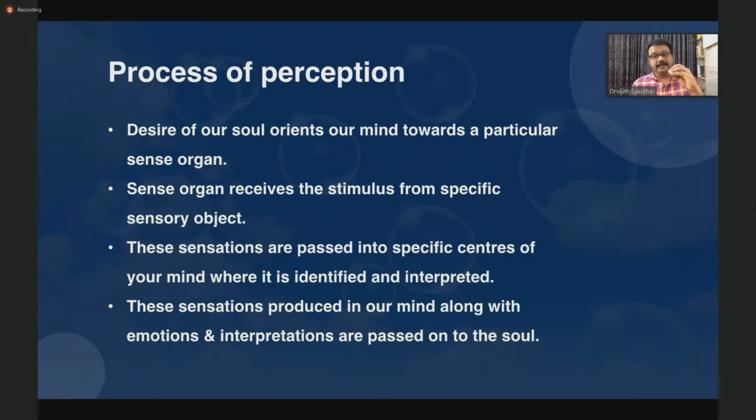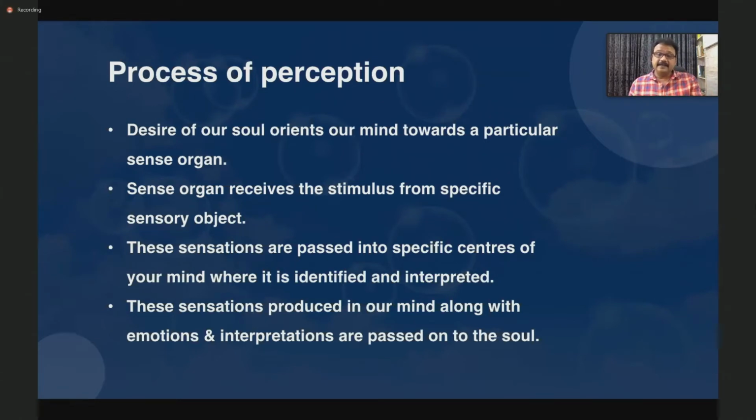We have already explained this process: when the soul wants to know something, it orients the mind towards a specific sensory organ, and then it makes a contact between that specific organ and the sense, and the stimuli is passed into the mind, and the reactive part of the mind takes the shape or the color or the size or the smell of that object, and the sensory part of your mind senses this.